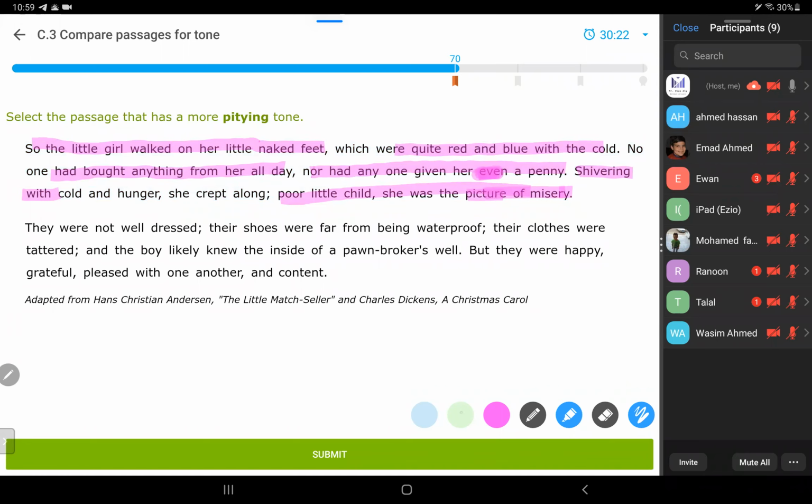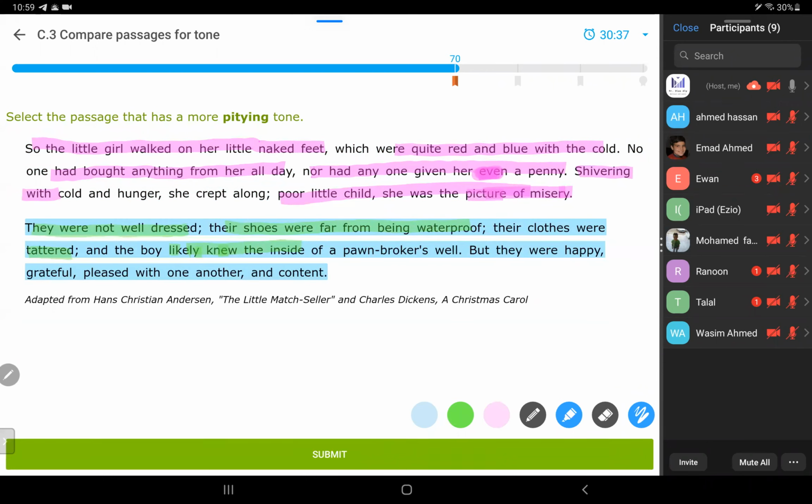We finished number one. Let's do number two. So the last one, I hope you will get it correct.